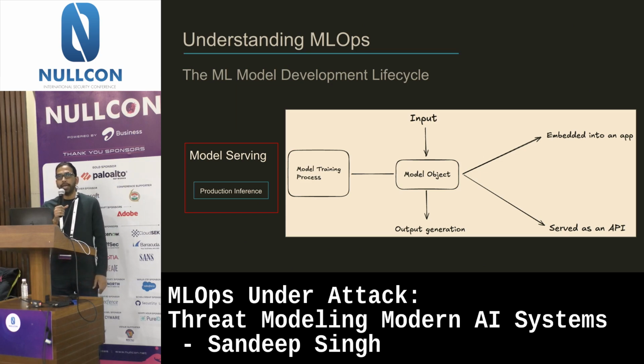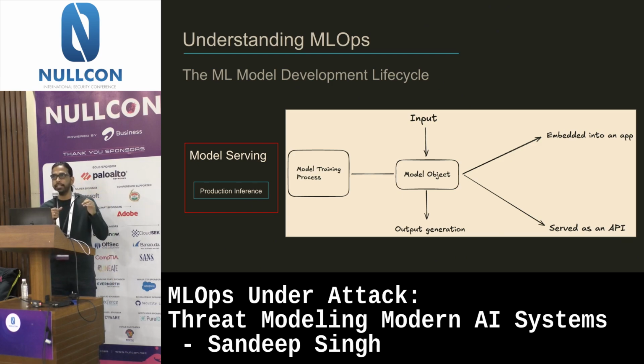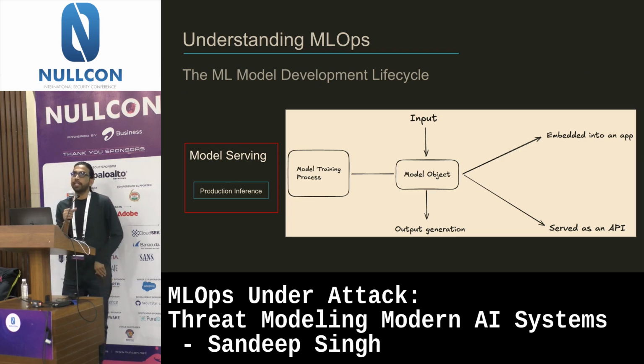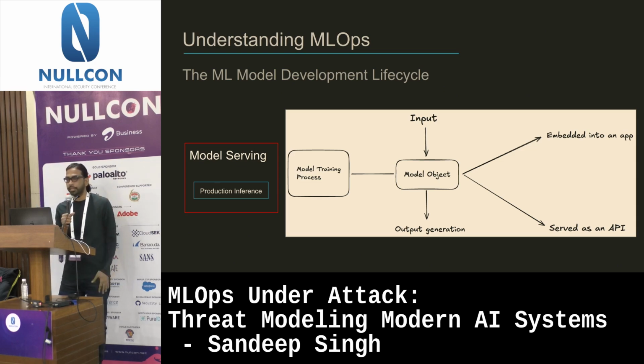Either you embed it into an app. So when you run an inference on ChatGPT, basically the whole GPT-4 or 3.5 is embedded in that app. And then it's also served as an API. So if you're an application developer, you can use the GPT API to build applications on top of it.